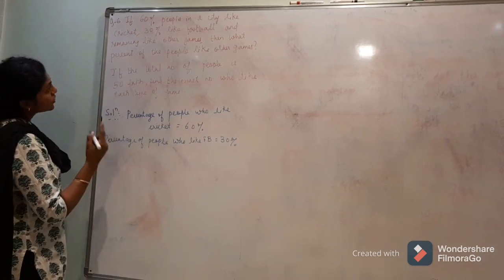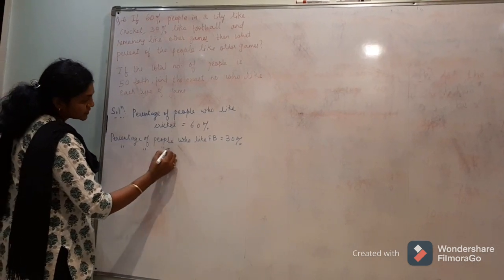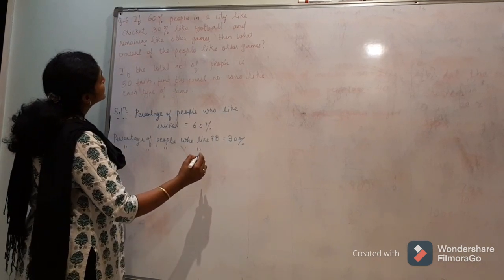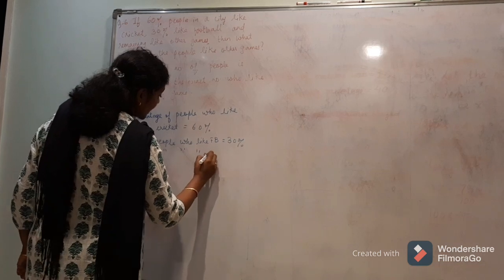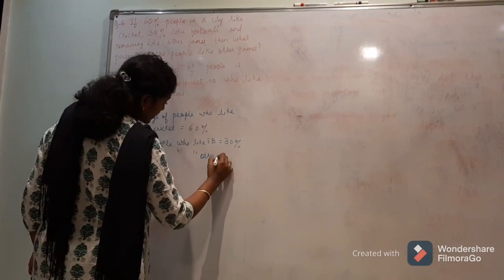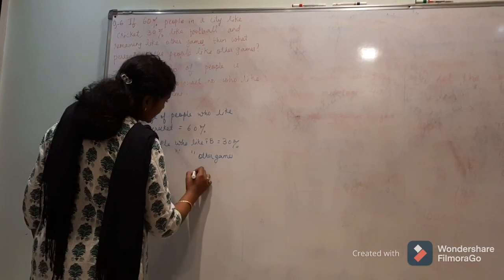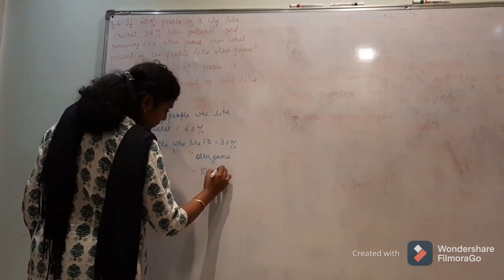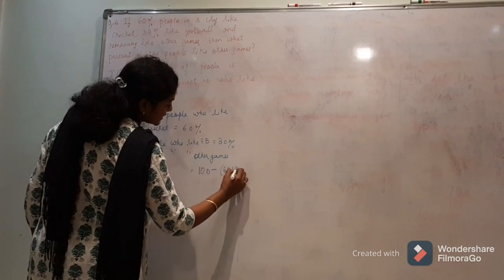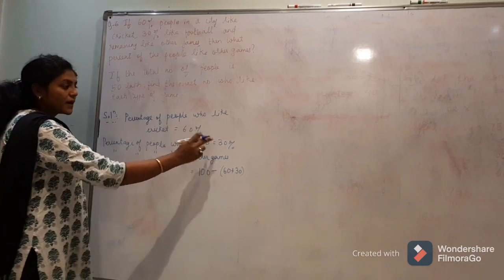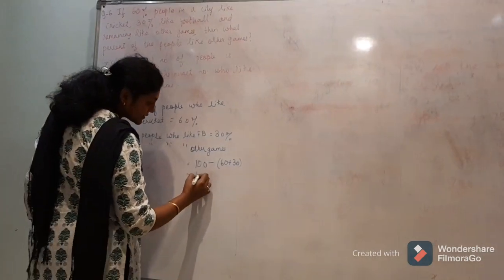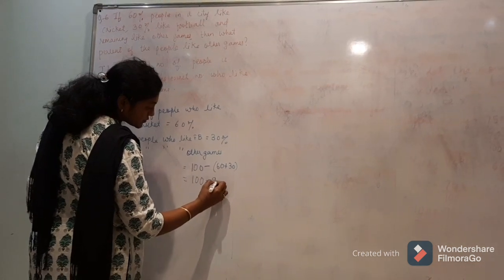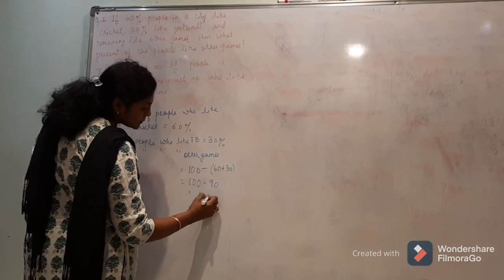Now the percentage of people who like other games. How will you find it? That will be 100 minus 60 plus 30. So 100 में से आप 60 plus 30 minus करोगे तो आपको like other games का मिल जाएगा. So that is 10%.